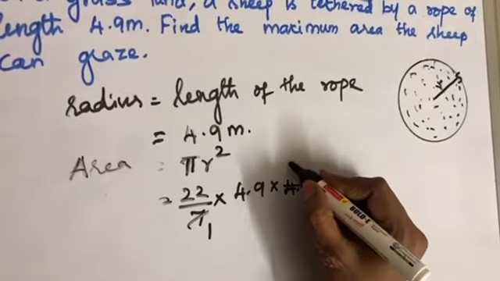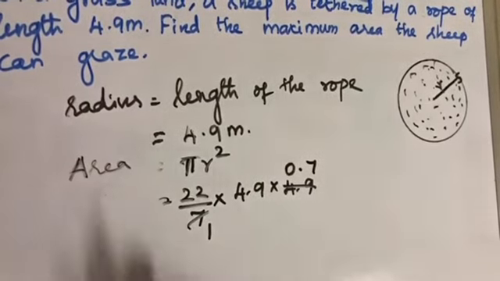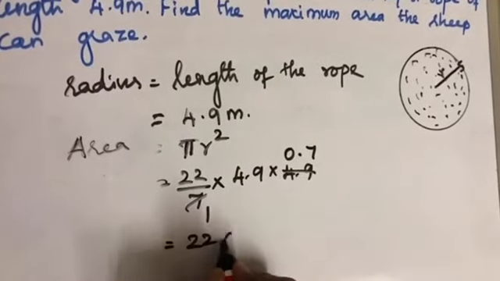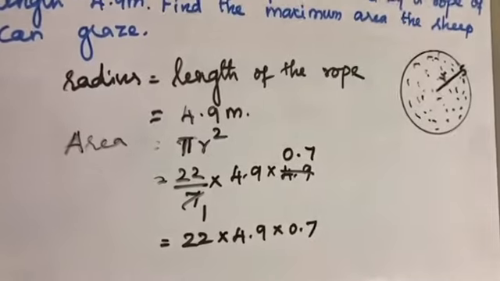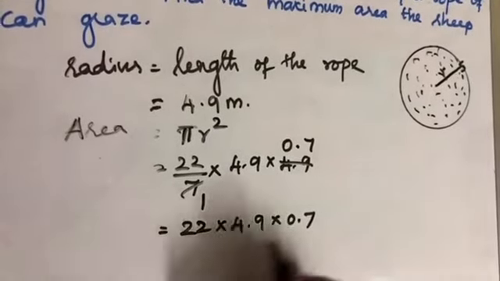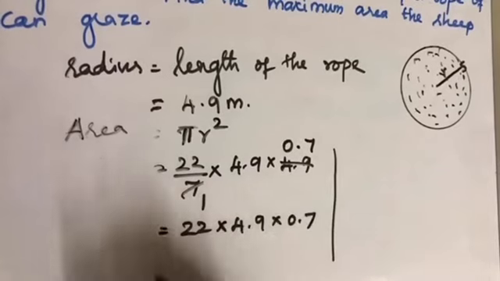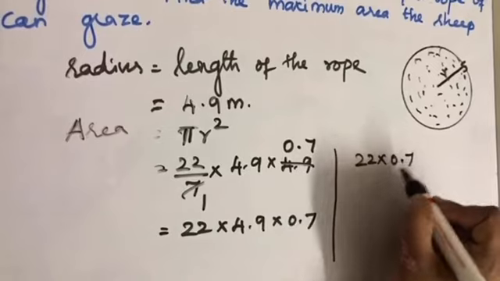In 4 we couldn't make it, so 0 point in 49 it is 7 times. 7 7s are 49. So now we have to multiply 22 into 4.9 into 0.7. Okay, so first we have to multiply 22. In any order we can multiply. So first I will multiply 22 into 0.7.